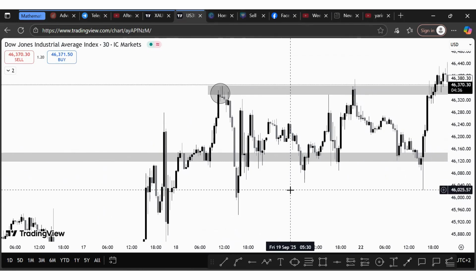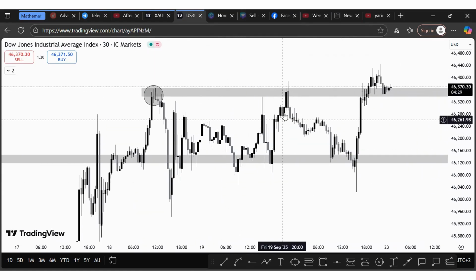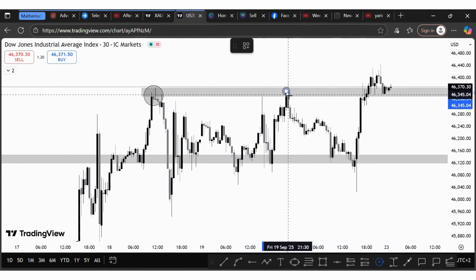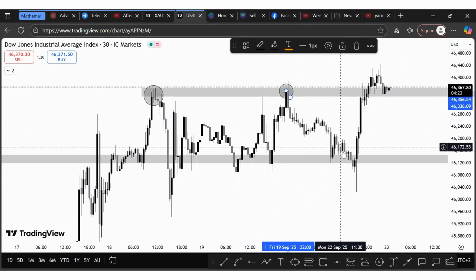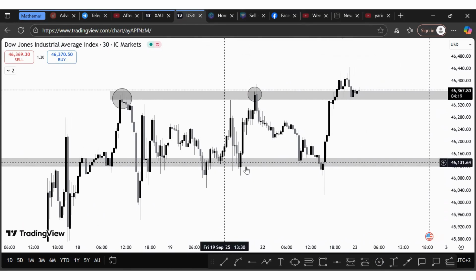Then when it got to this level again, we had more or less equal highs, and it dropped down, but it respected this level of support.